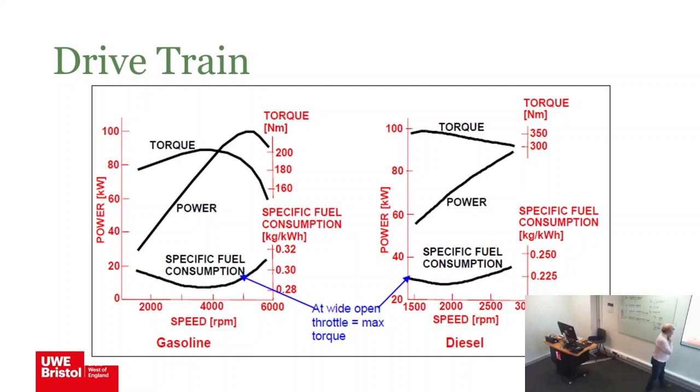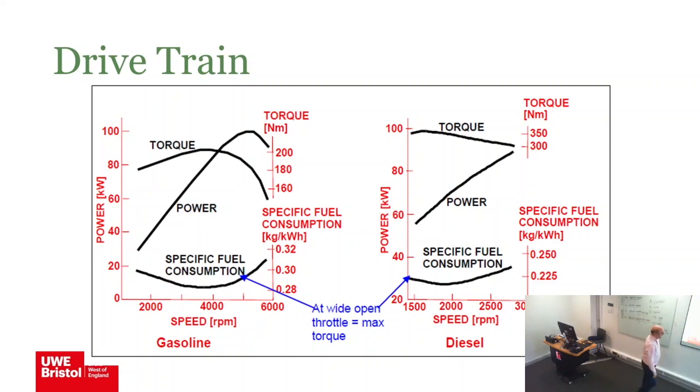This has got an engine with about 100 kilowatts of power and about 230 newton metres of torque. You can see the fuel consumption, there's a point around here where you're going to get the minimum fuel consumption specific to the power. That's a typical gasoline engine.